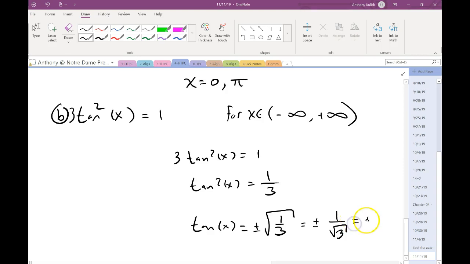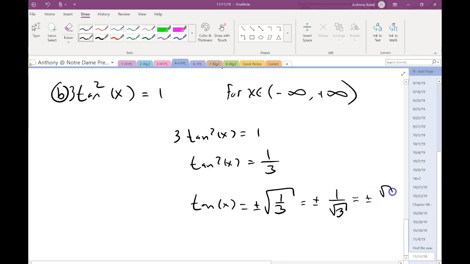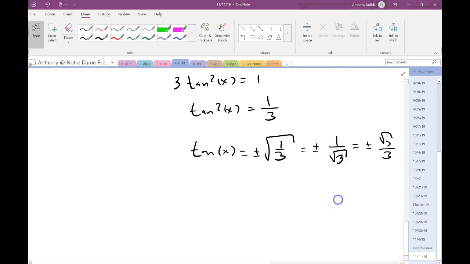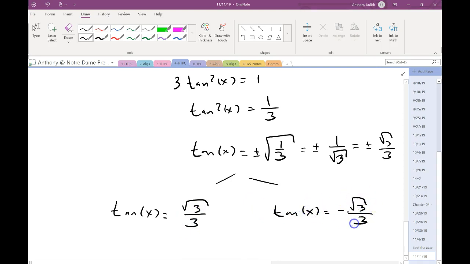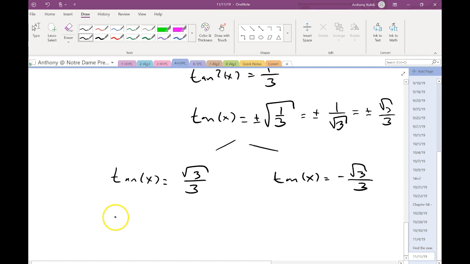What's the other way that we might represent 1 over the square root of 3? Yeah, square root of 3 over 3, where we just rationalize the denominator there. Now, because of the plus or minus, we'll split this up into 2 equations. And we will be taking the tan inverse of both sides.